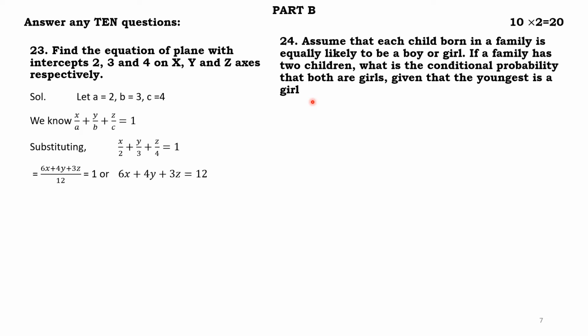Let us solve it. Here you see there are 2 children. The first can be a boy and the second can be a girl. So let the first child be denoted by capital B or capital G. If it is a boy, the first child is capital B. The first child can be a boy or a girl, and the second child can be a boy, small b, or a girl, small g.